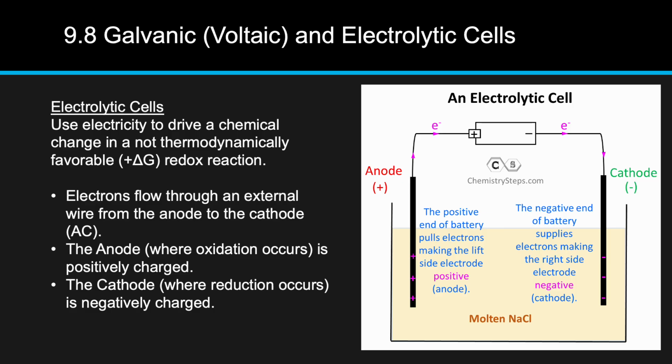So remember, electrons are still going to flow from a wire from the anode to the cathode, just like in voltaic cells. And we also know that the oxidation is going to occur at the anode and the reduction is going to occur at the cathode. And also remember, in an electrolytic cell, there is no barrier. These two electrodes are going to happen right in the same solution with no barrier and no salt bridge.